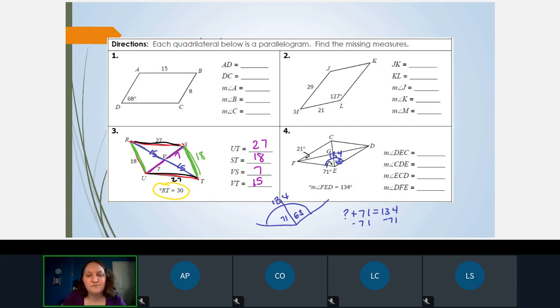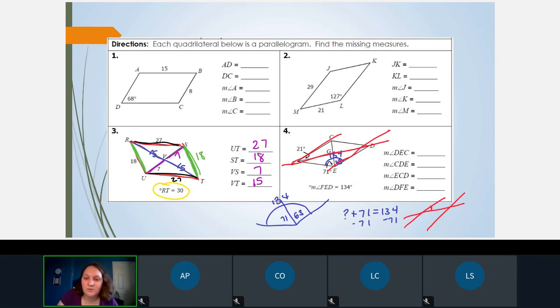Okay, now we're going to deal with this 21. Remember that in our parallelogram, we have parallel sides, hence its name. So I've got some parallel sides here, and the transversal, or the line that intersects the 2 parallel lines. We're going to think back to Unit 3, where we have parallel lines and a transversal.